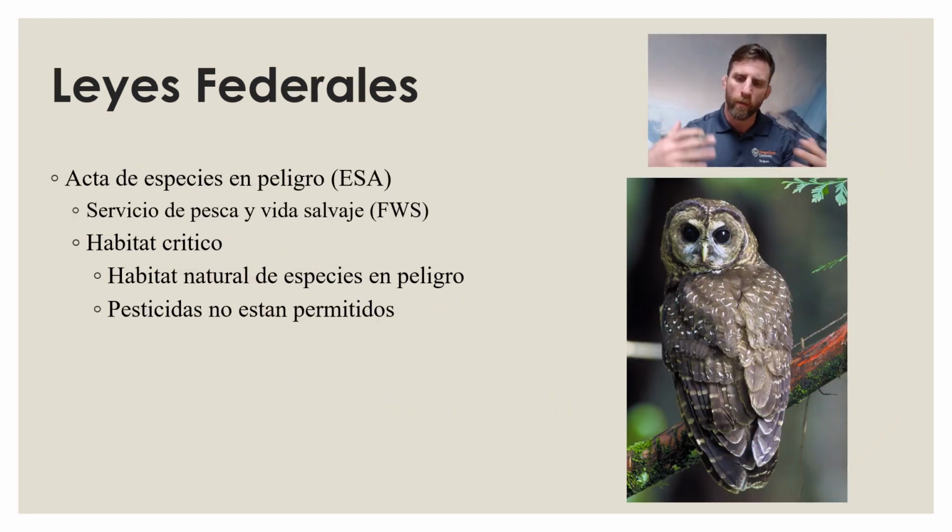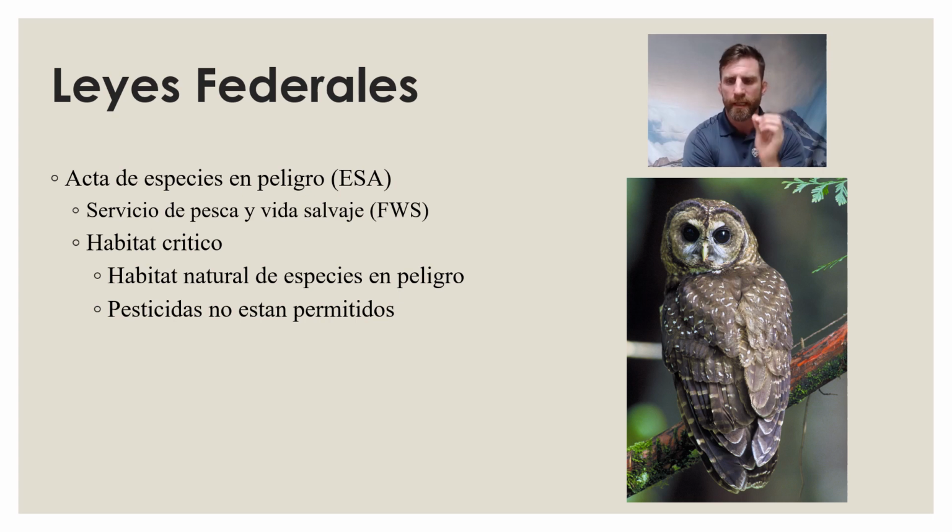Okay, so working our way through the list here, now we have the Endangered Species Act, which is enforced by the Fish and Wildlife Service. And the important thing within the Endangered Species Act that relates to pesticide use is natural habitat of endangered species.